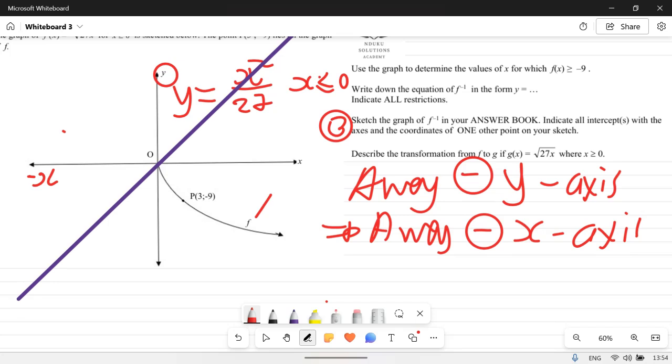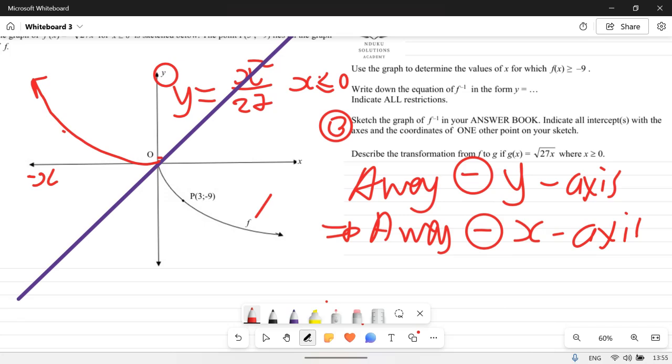So I'm expecting it to curve away from the negative x-axis. Let me just erase this. Okay, so I'm expecting it to curve away. I'm drawing a curve on that line. And then it will just be simple for you. So that's our graph. And then this will be our x and our y intercept.